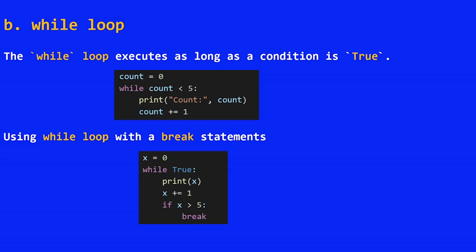Again, 1 is less than 5, so it will go to another iteration. Then the next value will be 2, and 2 is less than 5. Then we move to the third iteration, which is 3, and 3 is less than 5. Again the fourth iteration, 4 is less than 5.